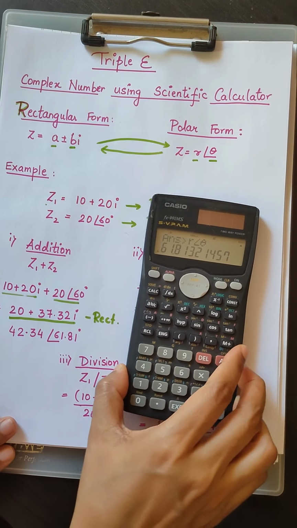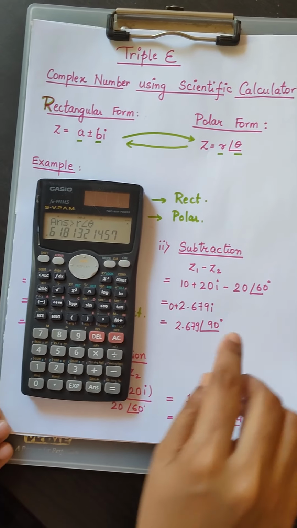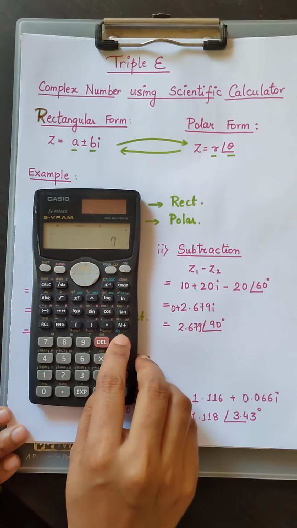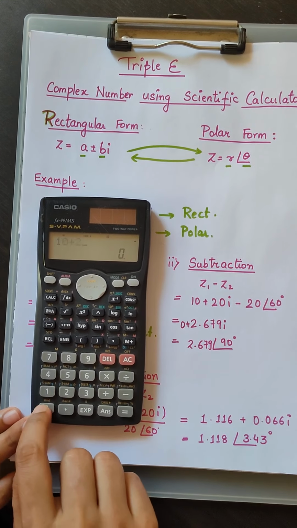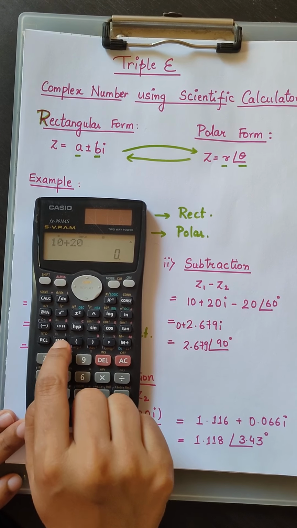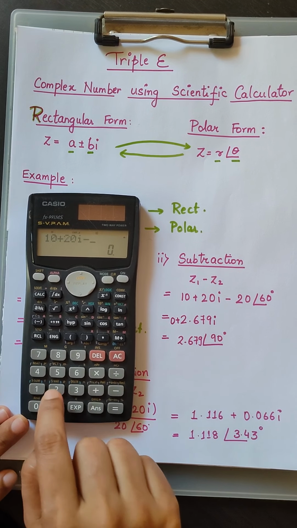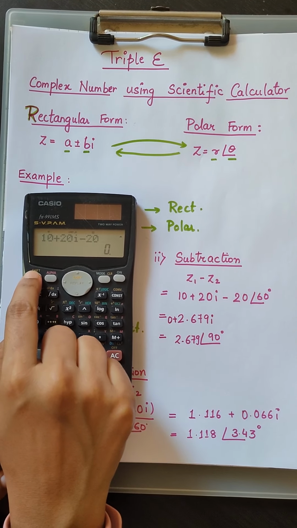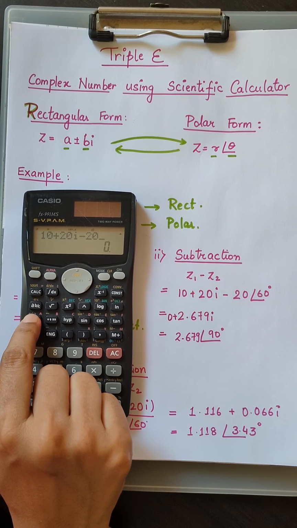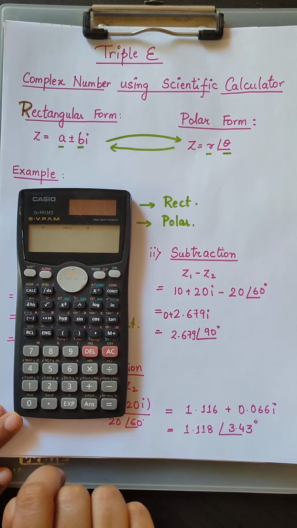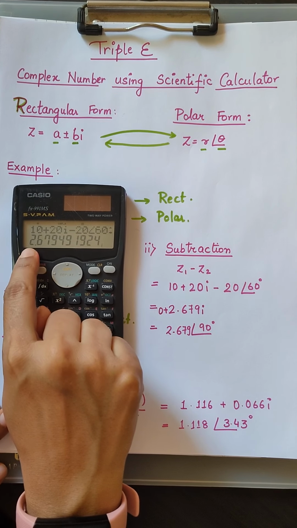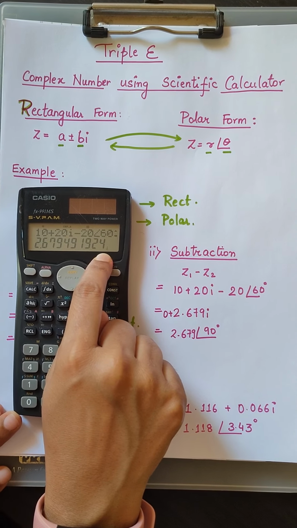Now coming to the subtraction, in the same way we are going to do the subtraction also. So let's go back. So 10 plus 20i, how do we get i? Then minus 20, shift this symbol, that is an angle of 60 degrees. Now if you press equals, what you will observe is that you are directly getting only an imaginary part. Correct?